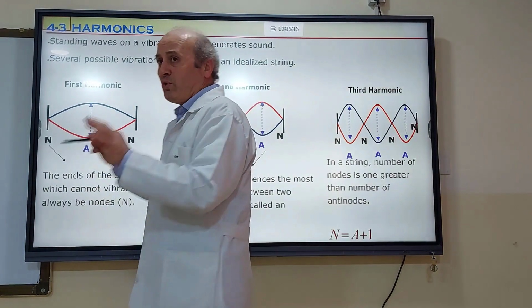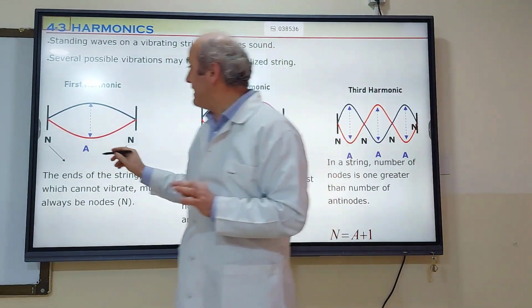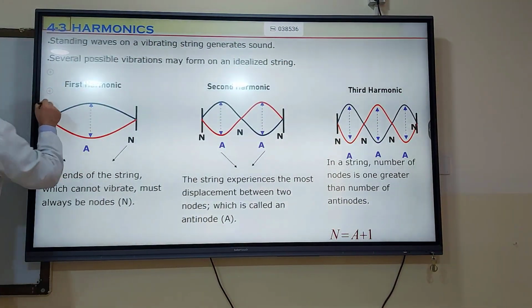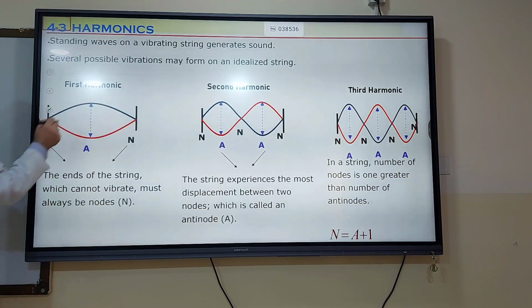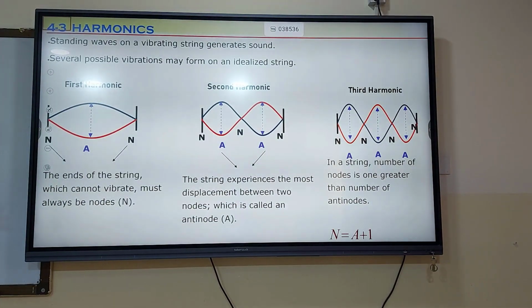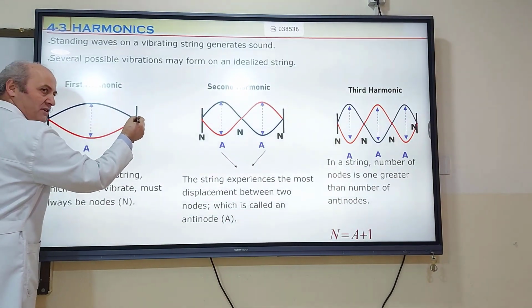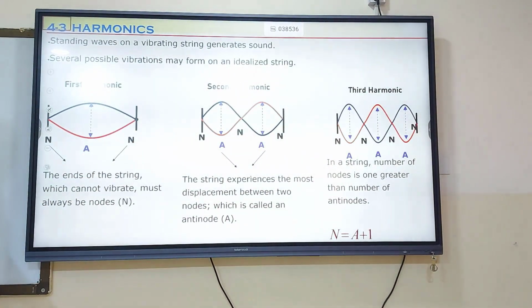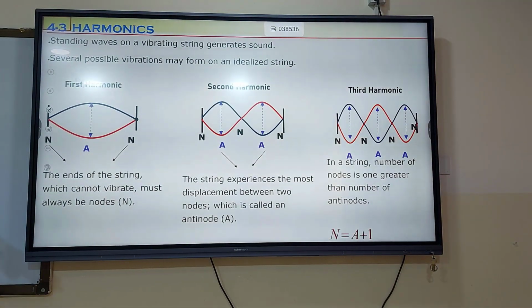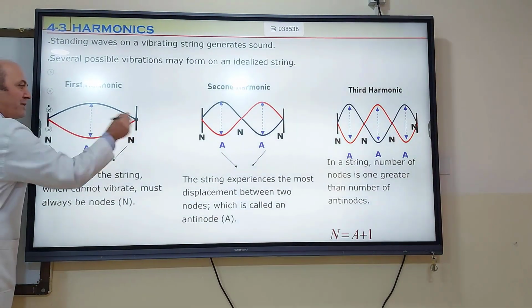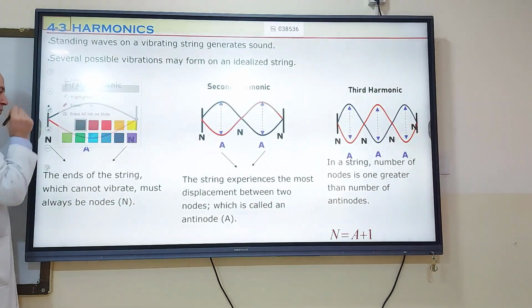And because the string is fixed at both ends, there are nodes. What is a node? If there is no vibration, that point is called a node. Because it is fixed, is it possible for a fixed point to vibrate? It's fixed, impossible. So that's why this point is not vibrating. And also, that point is not vibrating.